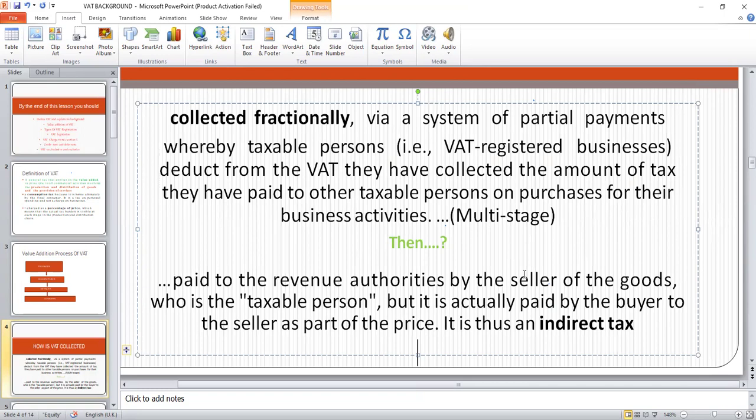Now, as the buyer, it's not my duty to pay KRA. I have already paid the amount which is inclusive of VAT. It is the registered person, which is the supermarket, who should be accountable for the VAT. That's why we said it is paid to the revenue authority by the seller of the goods, who is the taxable person, but it is actually paid by the buyer to the seller as part of the price.